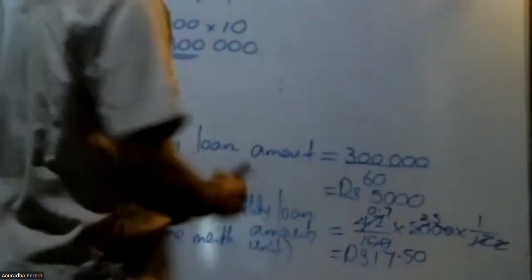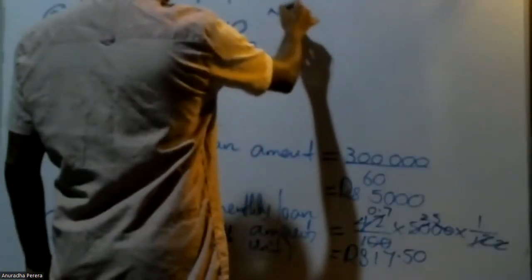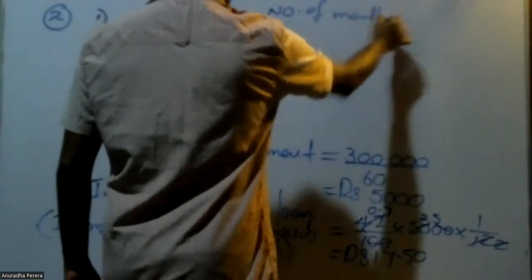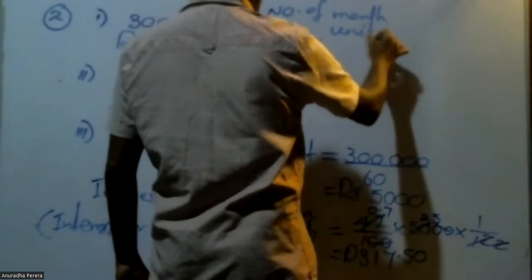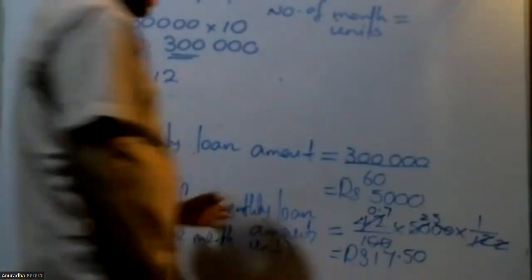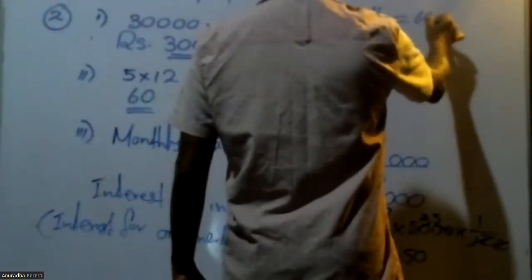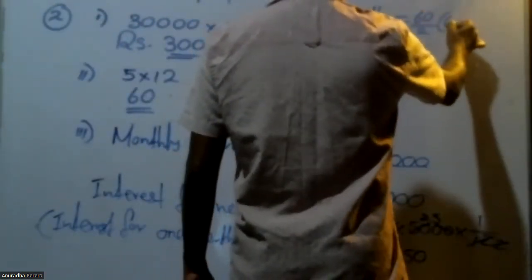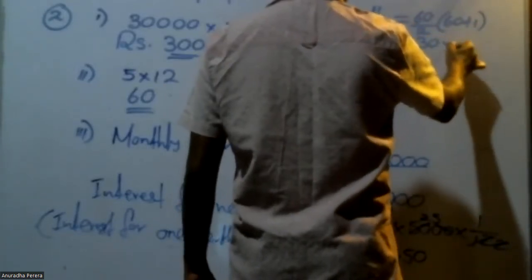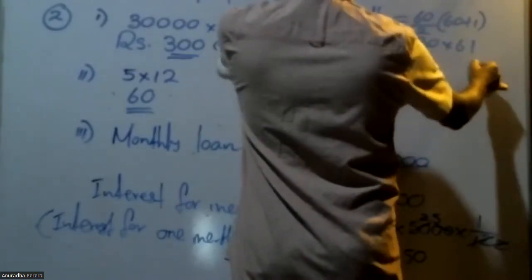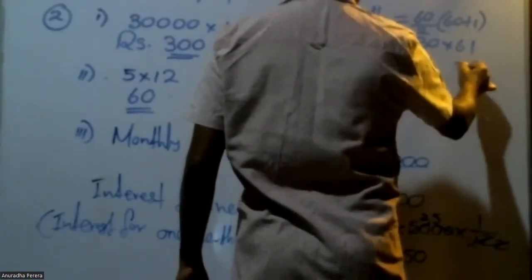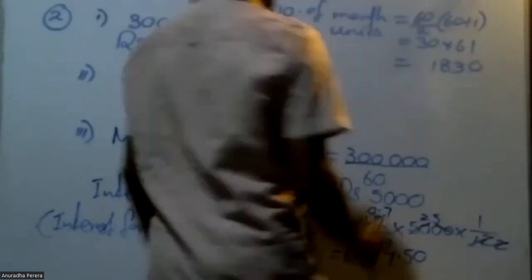Then determine the number of month units. Number of installments 60 over 2, 60 plus 1, 30 into 61, 1830.